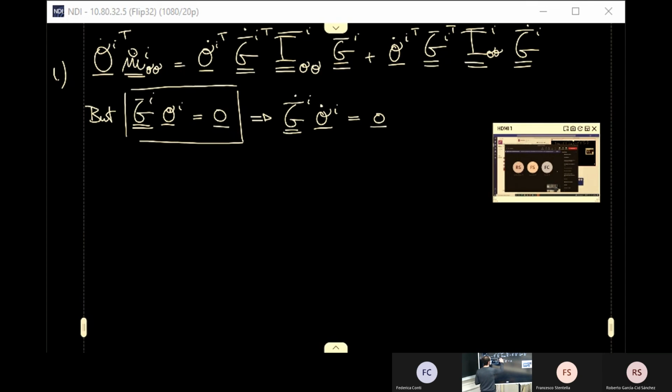And so all of the first part is 0. Student: Both are varying, shouldn't it be G theta dot plus G dot theta, because both G and theta vary with respect to time?